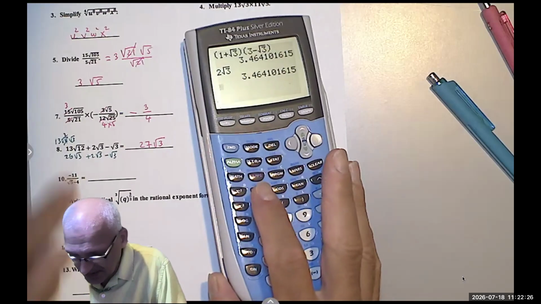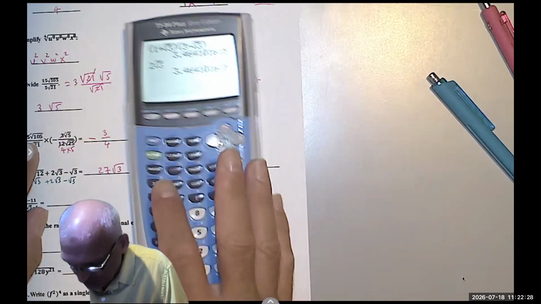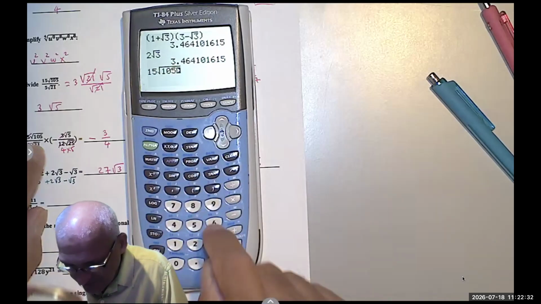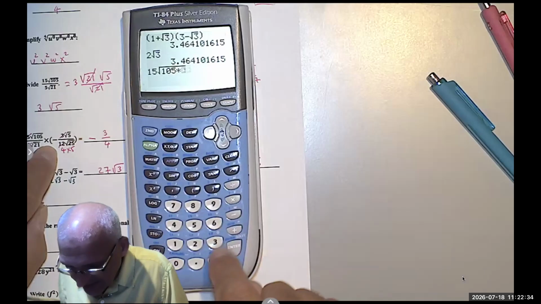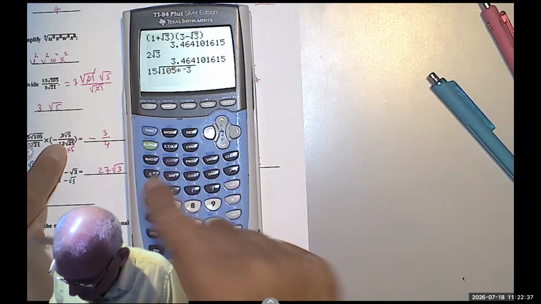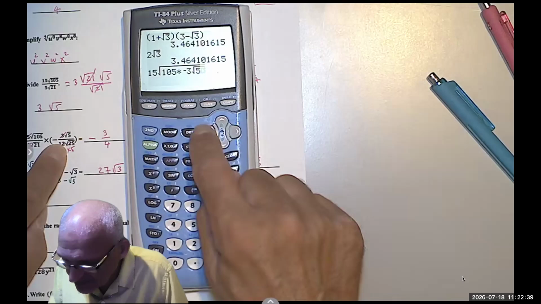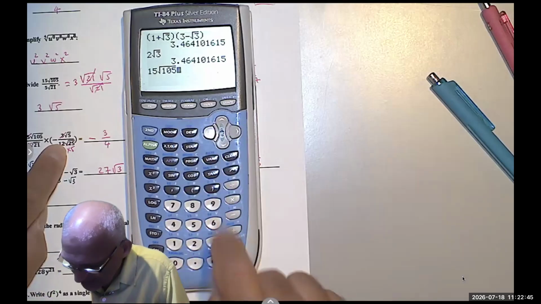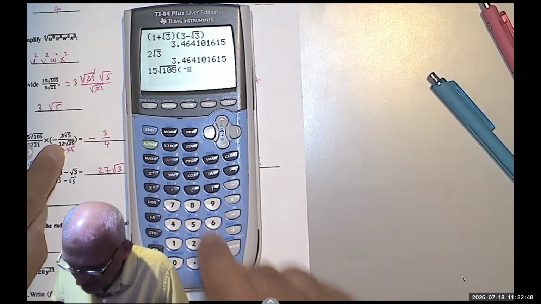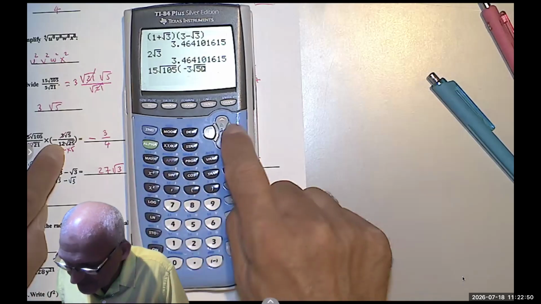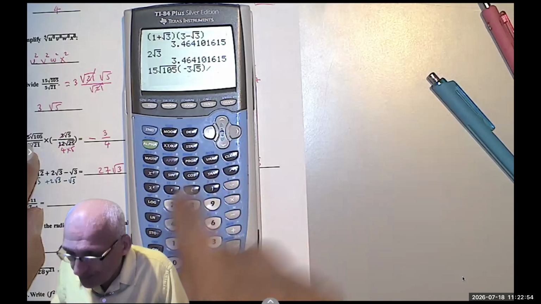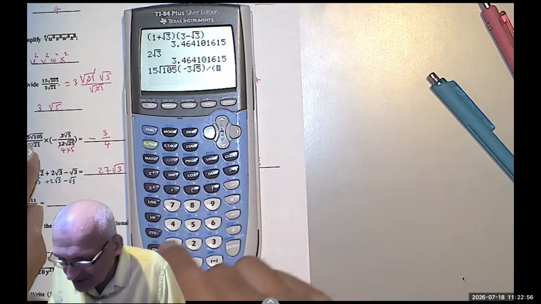What about this one? Of course, that's easy. What about this one? 15 times the square root of 105 times negative 3 square root of 5, divided by, and I open parentheses because I've seen people don't do that.